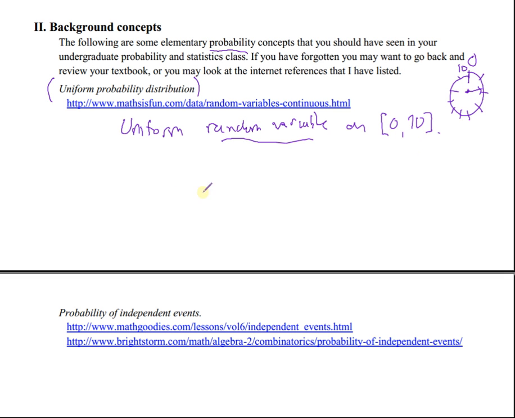This is represented by a so-called probability density function. The probability is between 0 and 10, so I put between 0 and 10. So here's the value axis, and here's the density axis. Now, if the random variable is uniform, the density is constant.